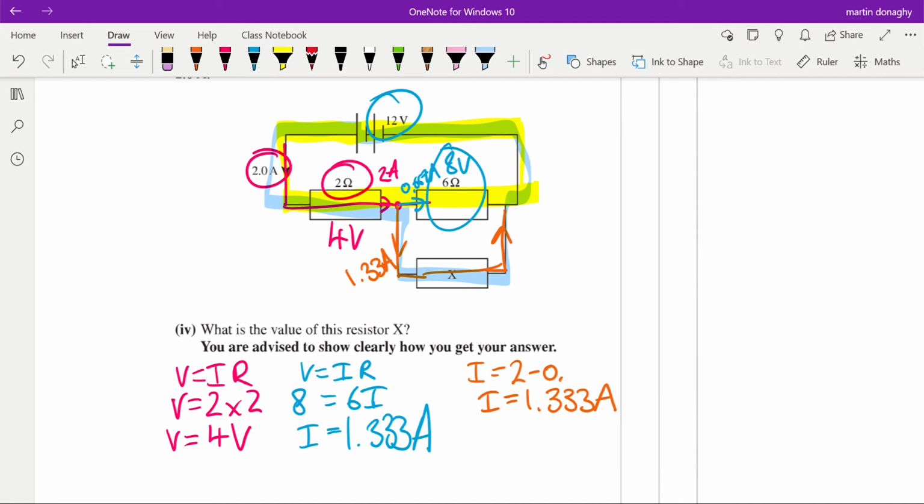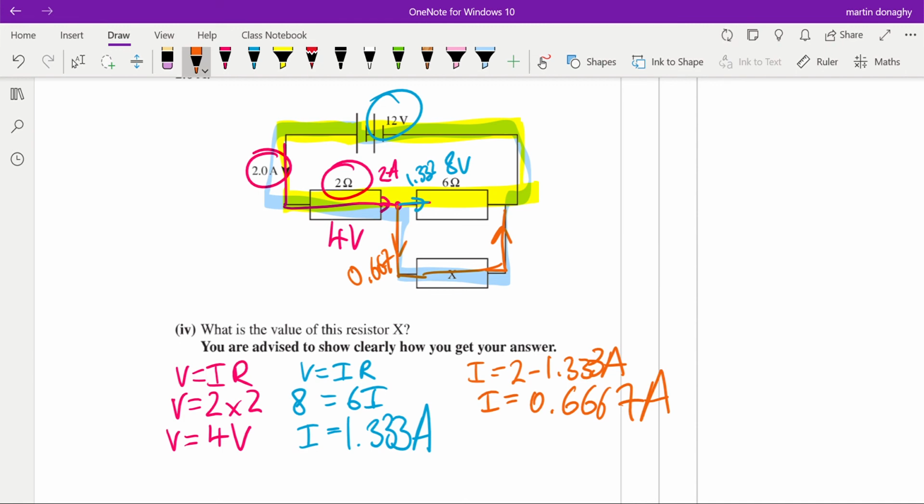So when we subtract that, the current on that lower branch will be 0.667. Let me change those values. We have 1.333 along here, and down this way we have 0.667 amps.